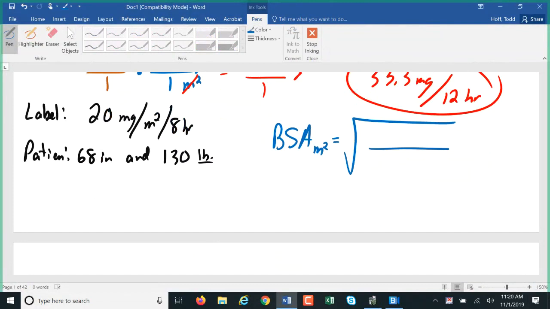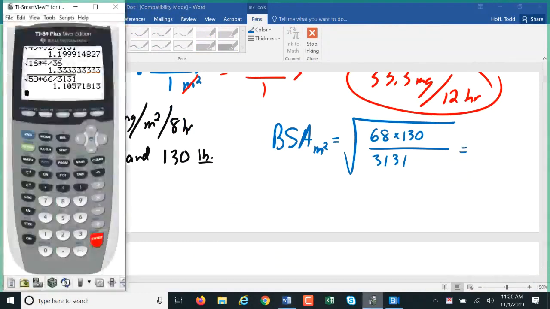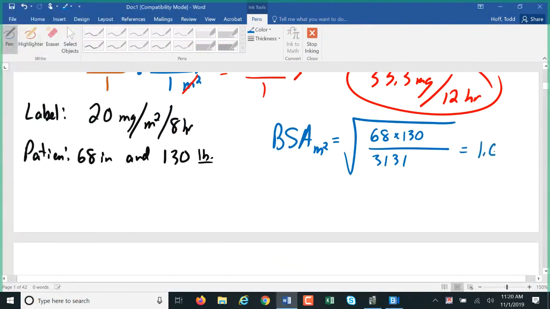So our first step is to find the body surface area. 68 inches times 130 pounds over 3131. 68 times 130, square root, 1.68 meters squared.